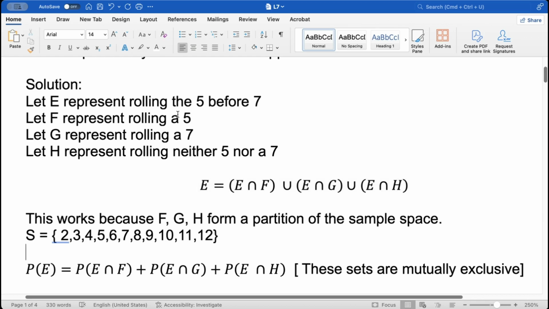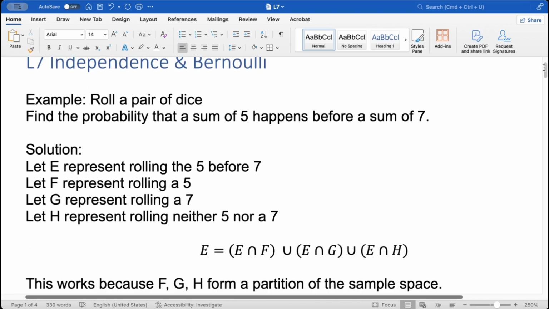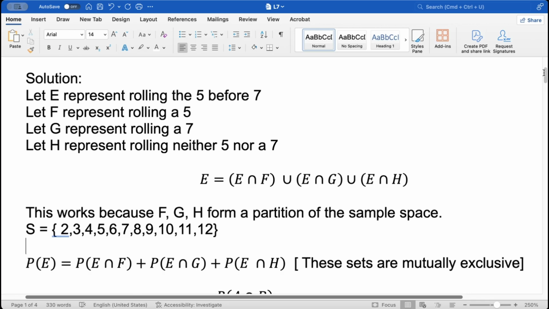It's impossible to roll a 5 and a 7 on a single pair of dice with a sum. There's only one sum per roll, so it's impossible for an element to be in more than one of these sets at a time. So that is the definition of mutually exclusive events.